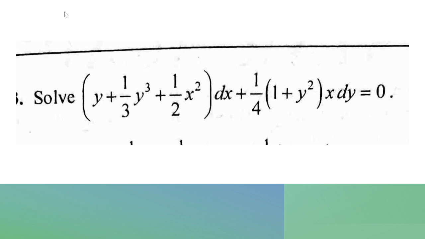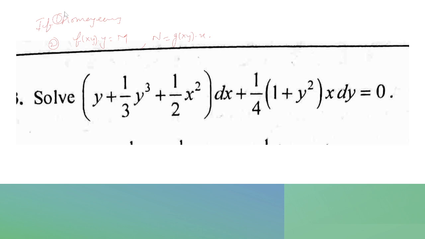So see, the first case is homogeneous. The second case is a function of xy into y is M and N is a function of xy into x.